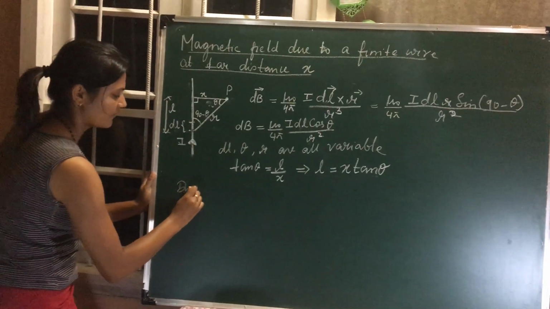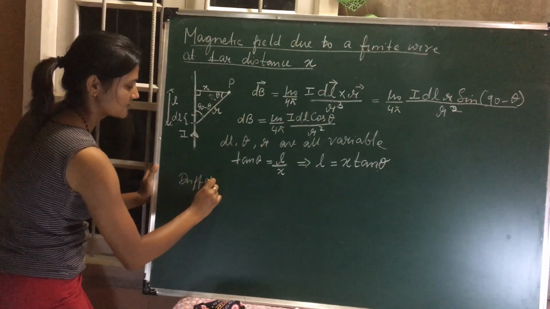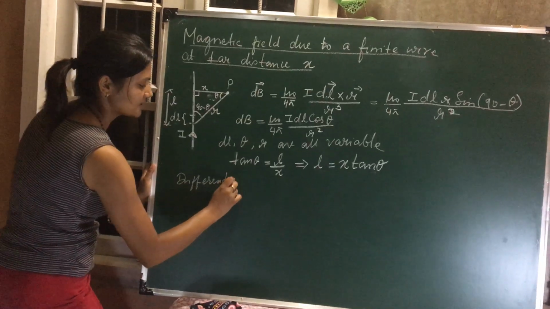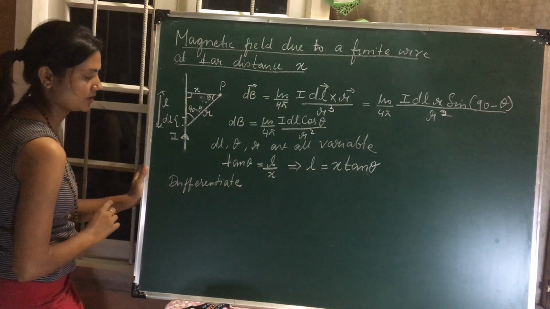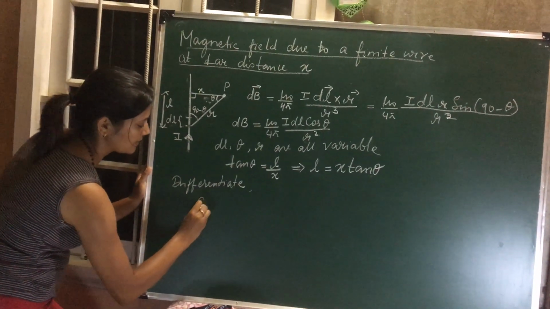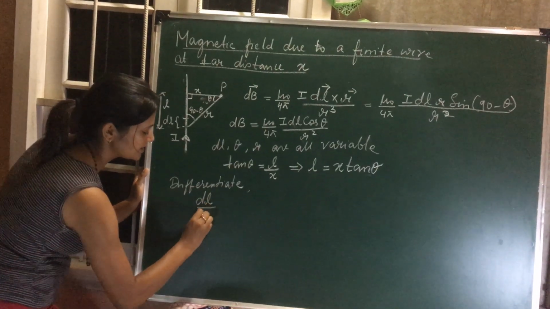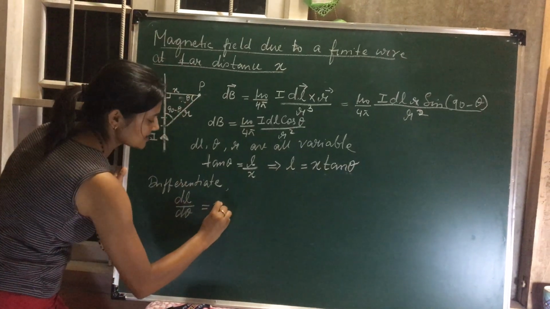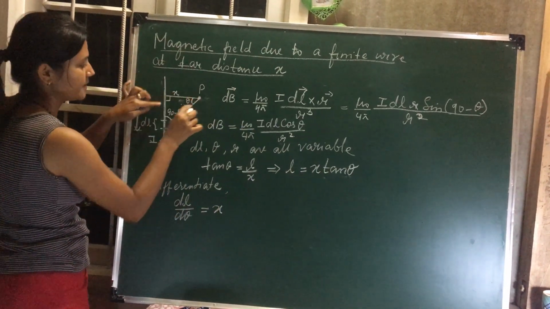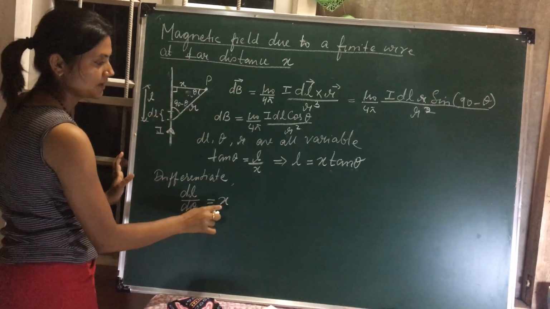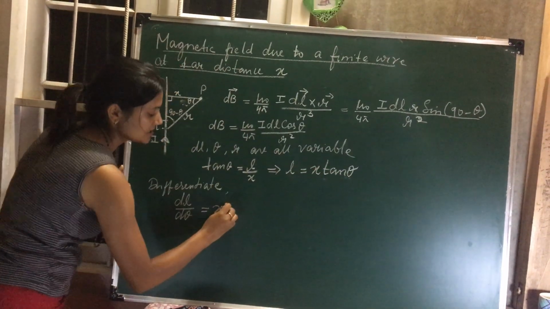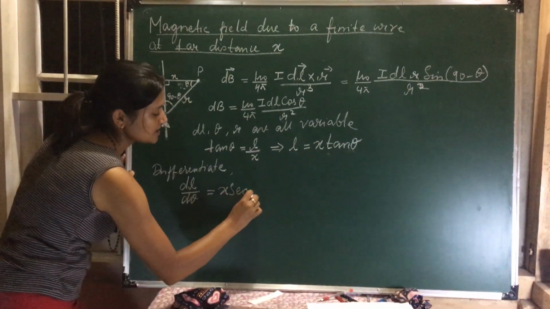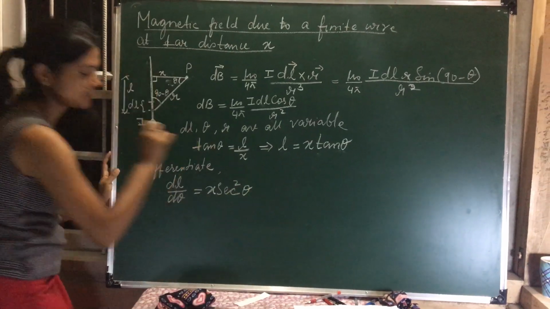If I differentiate it, then dl by d theta. X is a constant, the perpendicular distance, not going to change. What is the differentiation of tan theta? It is sec square theta.